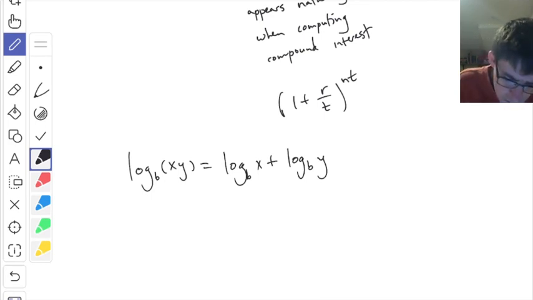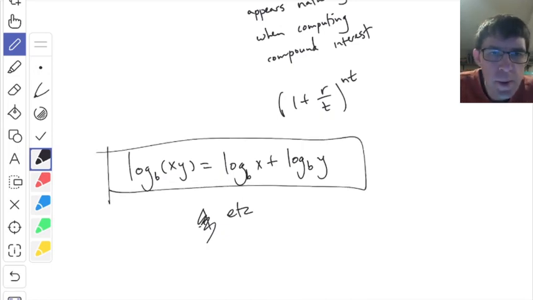Etc. This property, by the way, is interesting in that it is the mathematical basis for the operation of the slide rule. You ever heard of the slide rule? It was an old-timey mathematical instrument that is used for multiplying numbers, and it works according to logarithms. Because of this rule is why the slide rule works, but we're not going to get into that. All right, I think we're ready to move on to the next section.